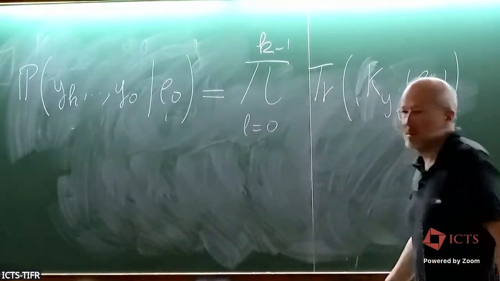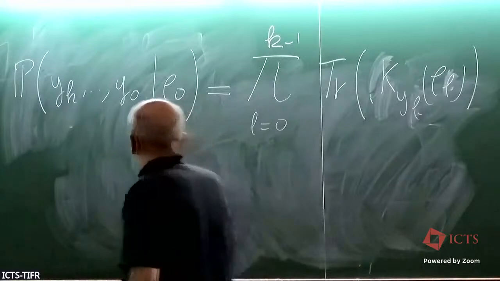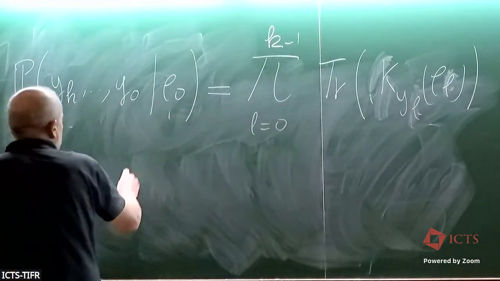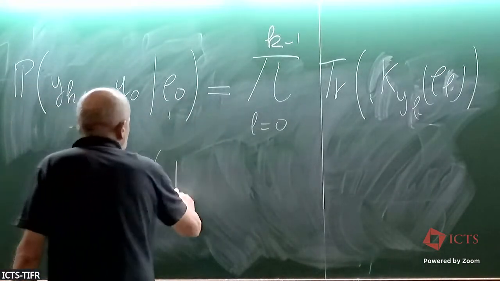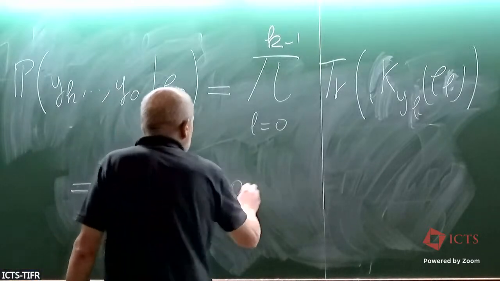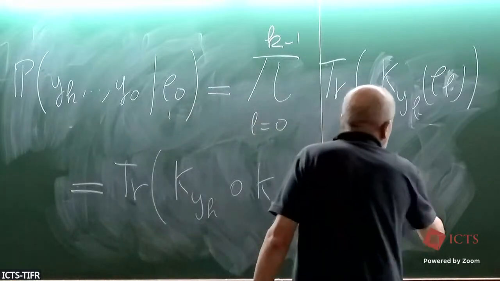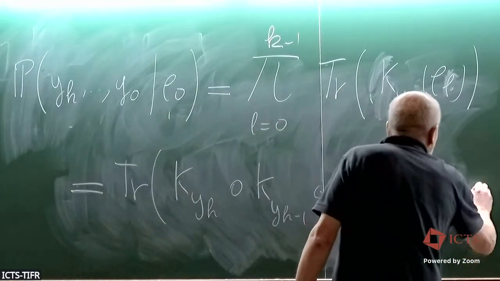It is this. Or, if you prefer, it is the trace of K_{y_k} composed with K_{y_{k-1}} composed up to K_{y_0} of rho_0.